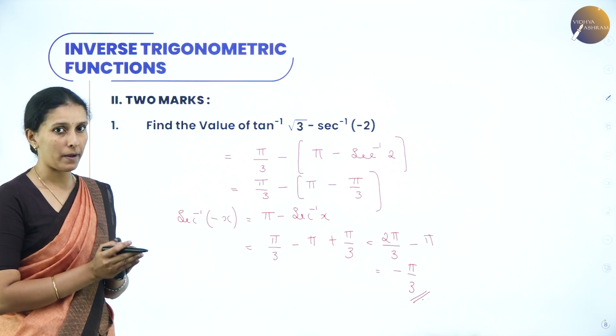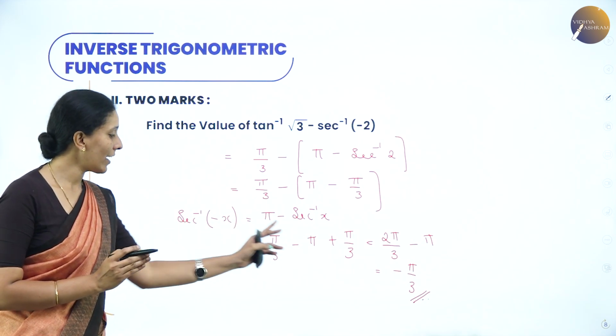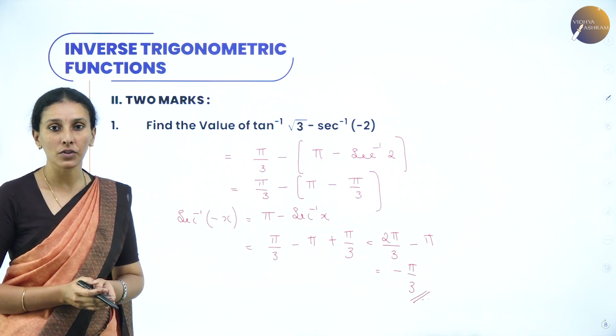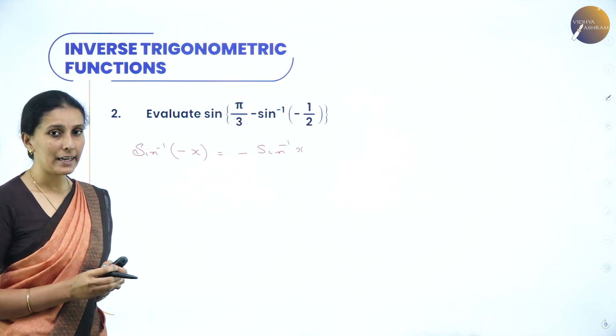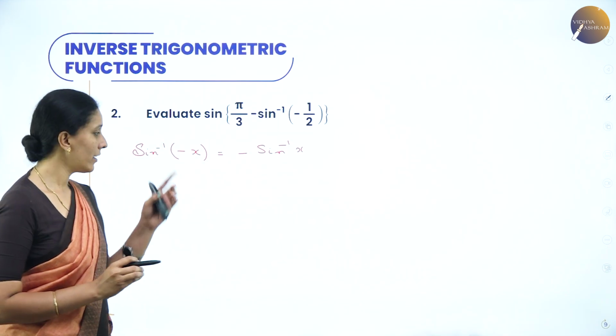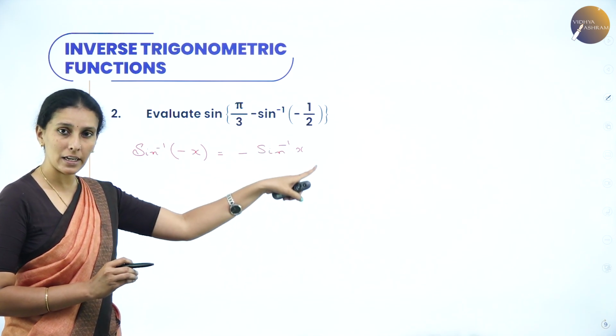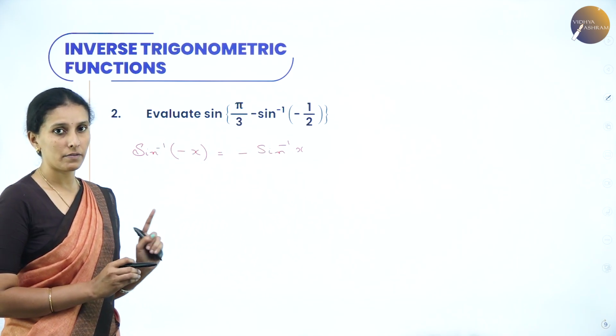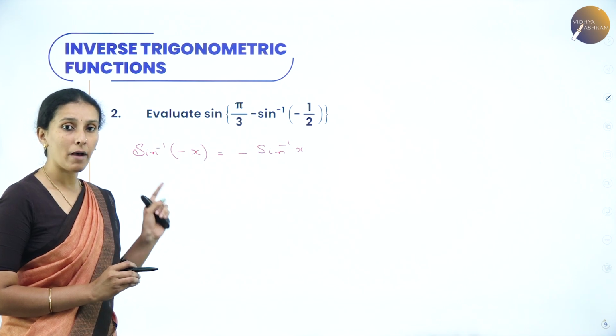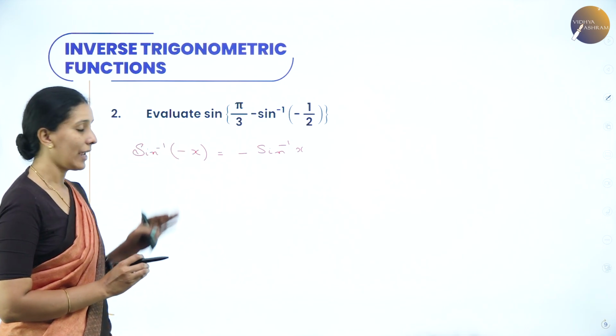So, there is no negative angle in terms of secant inverse as well as cos inverse. Whereas sine, tan, cot, cosecant can be written in the form of minus sine inverse x, minus cosecant inverse x, minus tan inverse x and minus cot inverse x for the negative angle.